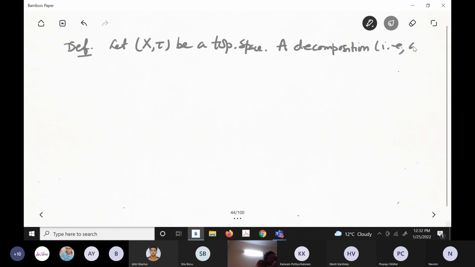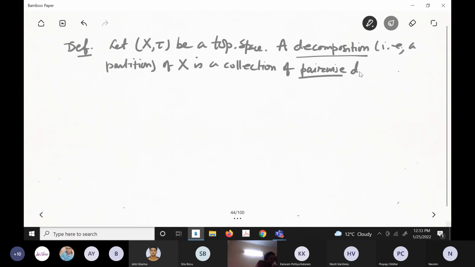A partition of X is a collection of pairwise disjoint subsets of X whose union is X. Topologists usually prefer the word decomposition, whereas algebraists and analysts prefer the word partition. That is exactly what I wrote here: pairwise disjoint subsets whose union is X.